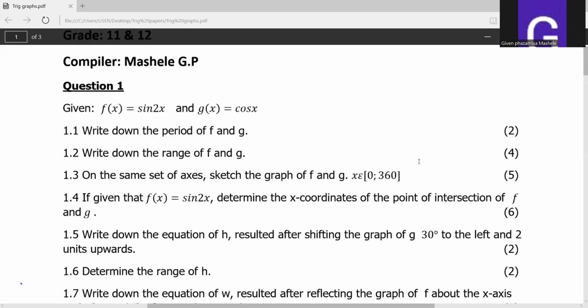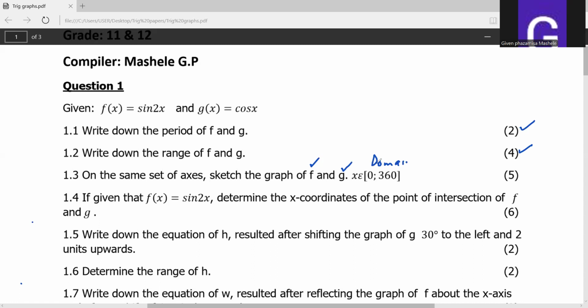All right. So we went through the first question. Now I want us to go through question 1.3, because 1.3 says: on the same set of axes, sketch the graph of f and g from 0 to 360, where x is an element between 0 and 360. It means this is the domain. We're actually given a domain.